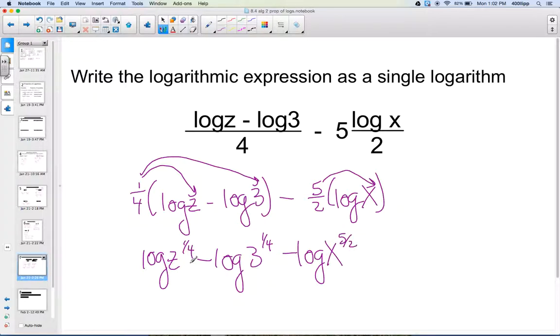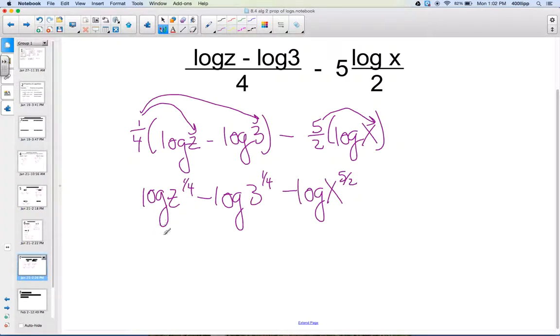And then we can write that using our quotient property. Log of z to the 1/4. Since this says minus, I'm going to put this 3 to the 1/4 in the denominator. And again, we have a minus, which means I'm going to put this x to the 5/2 in the denominator as well.